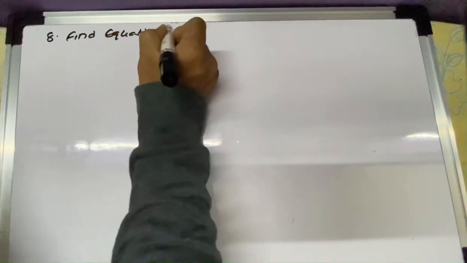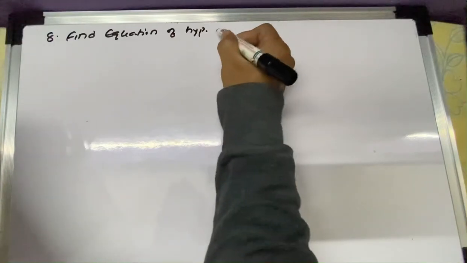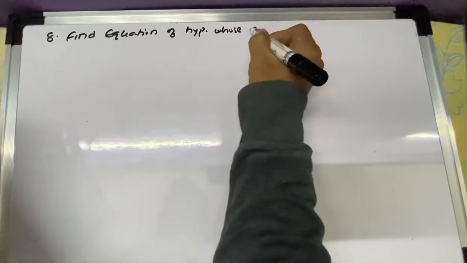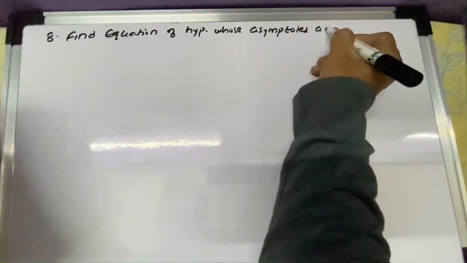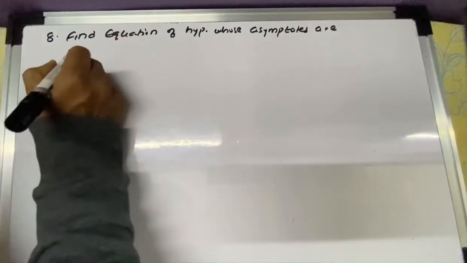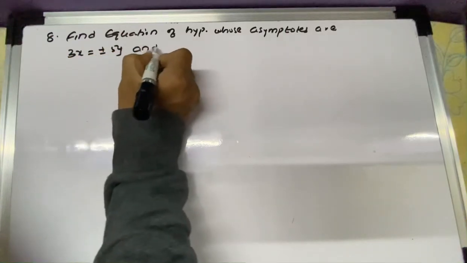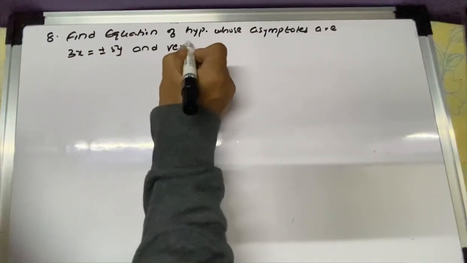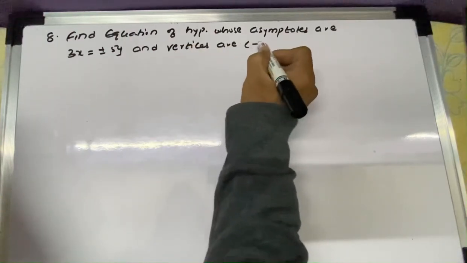Find the equation of the hyperbola whose asymptotes are given and which passes through the vertices.